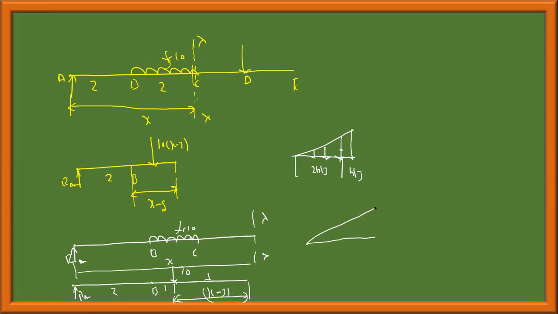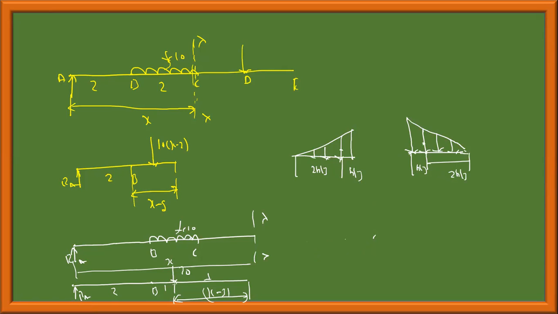If the UVL is given like this, same figure, then this is the centroid. This distance will be h by 3, and this distance will be 2h by 3. Keeping this in mind, also the entire load is said to be accumulated at the centroid. This is how to solve the problem.